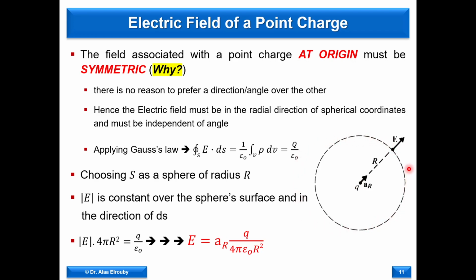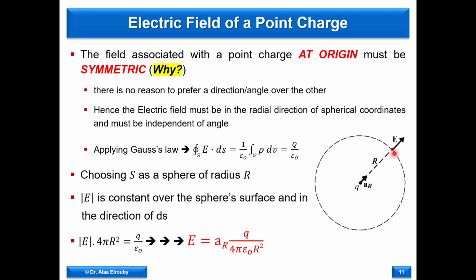So what should affect the field? Can the angle affect the field? We have three aspects here: phi, theta, and r. From just the geometry, without understanding anything about electric field, we must reach the point that the field must depend only on r.